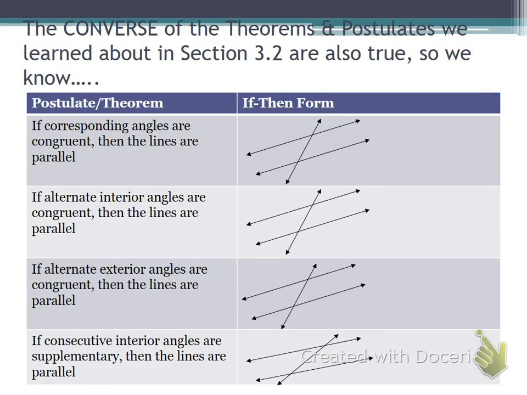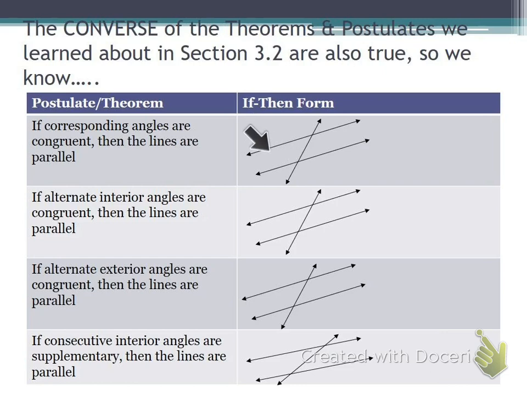All right, the converse of the theorems and postulates we learned about in section 3.2 are also true. So this is what we did yesterday, but we're switching it around. So again, we're going to have these diagrams. We're going to fill them in with angles, name our lines, and talk about the if-then form with symbols. So the first one, if corresponding angles are congruent, then the lines are parallel.